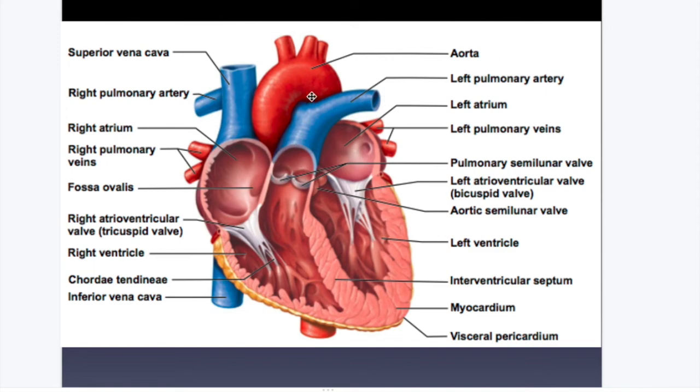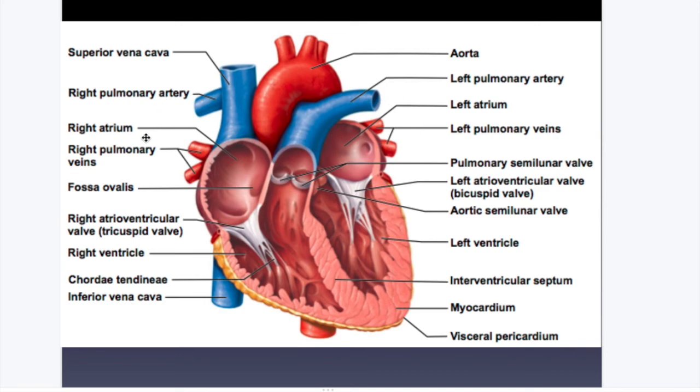So once blood leaves through the left or the right pulmonary artery, it goes to the lungs. There's going to be that exchange of the carbon dioxide in that blood for oxygen from your lungs. And then that oxygen-rich blood is going to come from your right lung through the right pulmonary veins right here. You see that there are 2 of them.